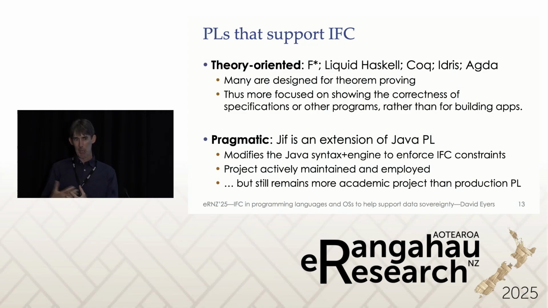But in my kind of long-term vision, I would like it to be the case that the strength of that mathematical verification could be brought to more accessible programming languages. I mean, clearly that's something computer science as a whole should be trying to do. We don't want to have the case that something desirable like information flow control is unattainable because we only have it implemented in obscure mathematical specification languages. And I do think there's progress, but we're not quite there yet.